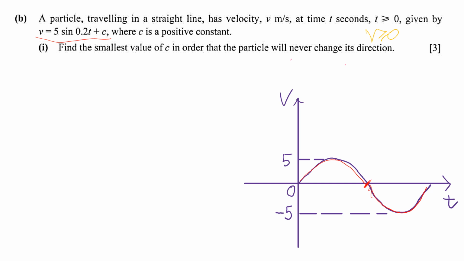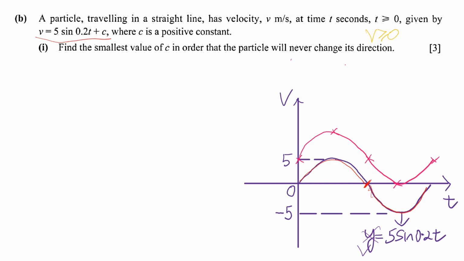So what we want is for the curve to not change direction, meaning we want the curve to be entirely above the t-axis. Oops, this is v, sorry. That means I want to shift my curve upwards.